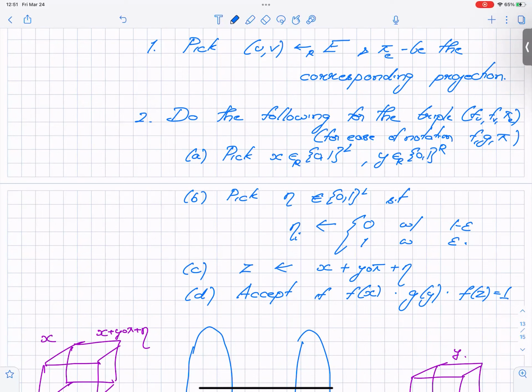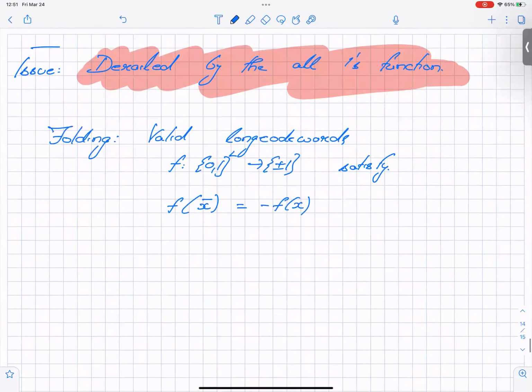Folding is: we'll assume the table is folded, and we will run this test, but whenever x is not in the table, the output will be what we infer by folding. So assume the table is folded.